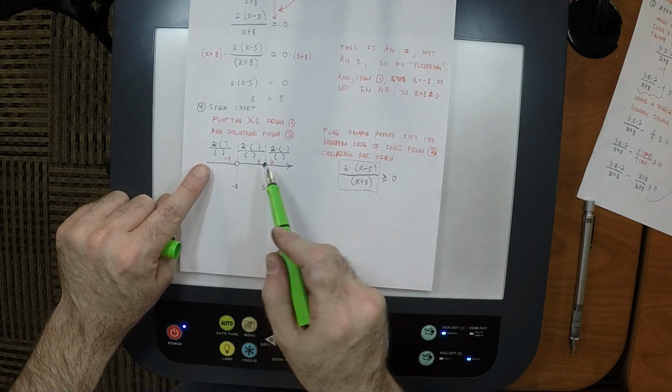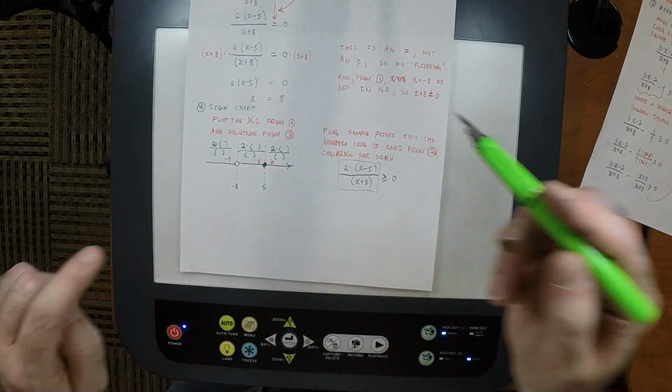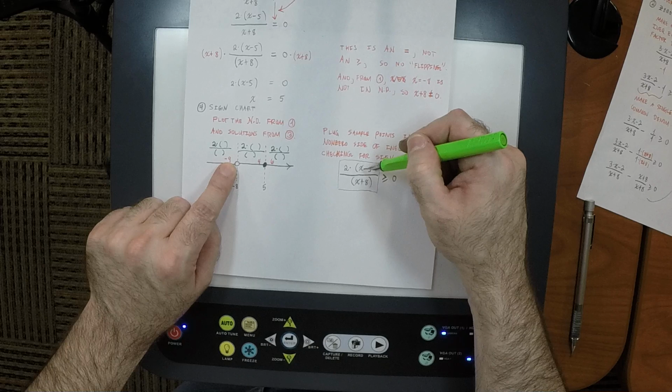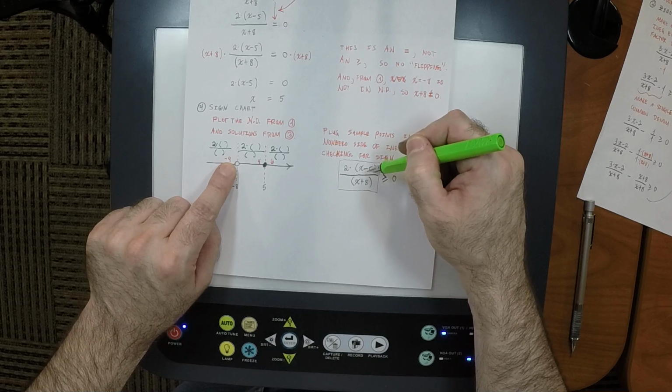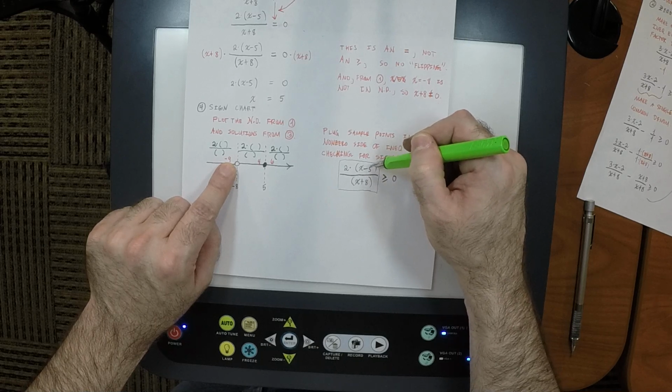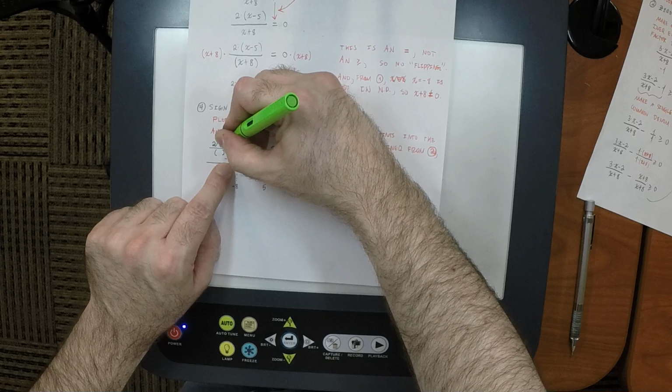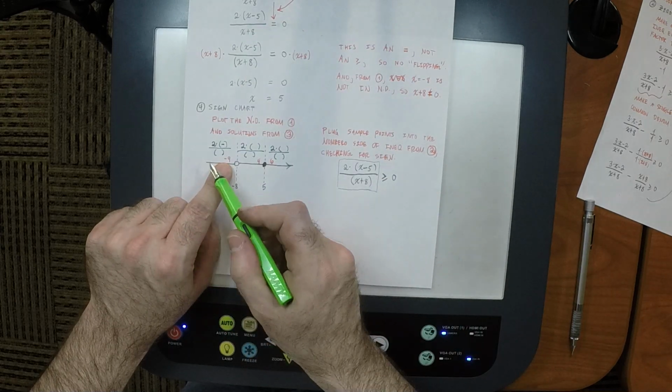And at each one of those points, I'm going to plug it in. So for this one right here, when you plug in -9 into x minus 5, is the result negative or positive? When you plug in -9, it'd be negative. It's -14, but the only thing I need to know is negative.